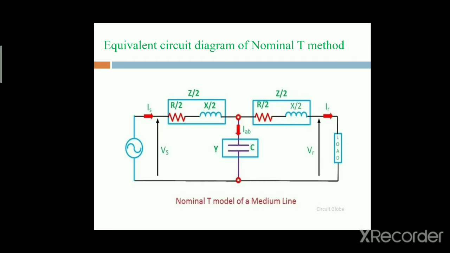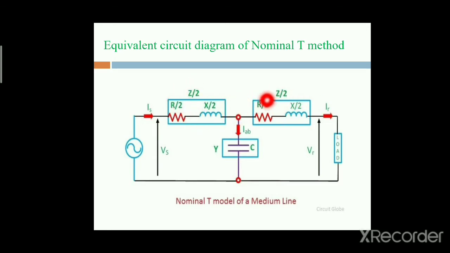By formation of the T shape, the impedance Z is divided into two halves, that is, Z by 2 and Z by 2.